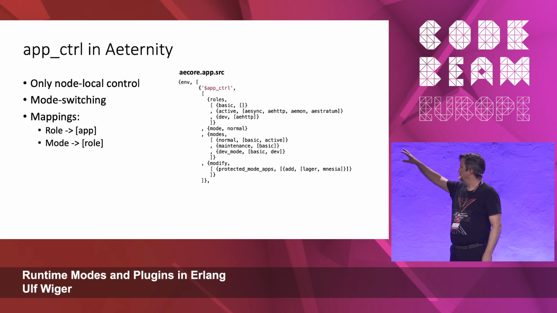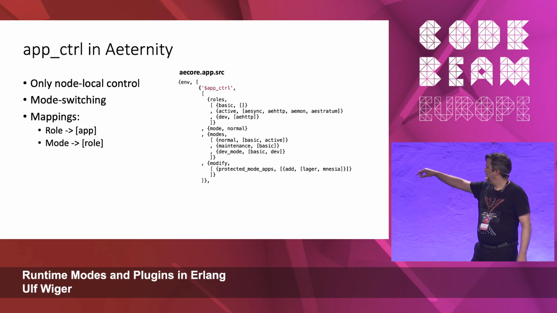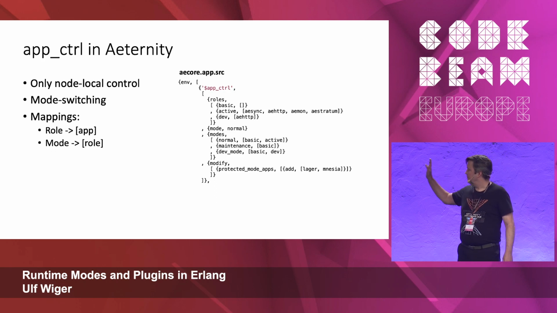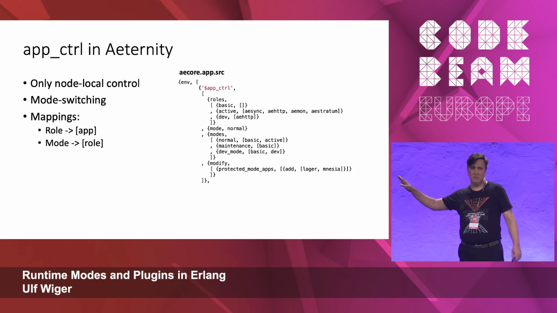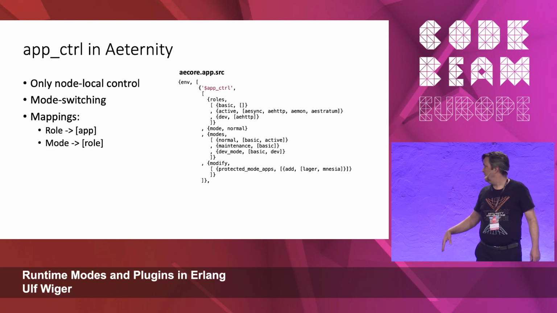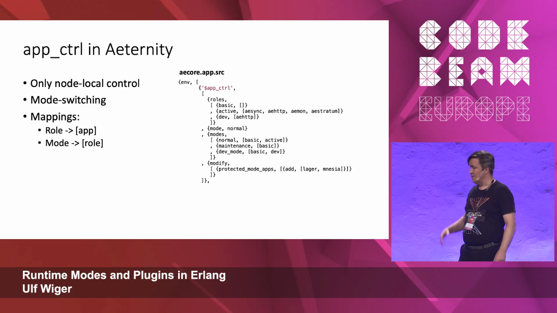The way it works, you define your roles, like, for example, we have basic, active, and dev. You can specify that the default mode is normal, and then you define your modes, where normal runs basic and active, maintenance runs just basic, and dev mode would run basic and dev, for example. And these can be modified in runtime as well.